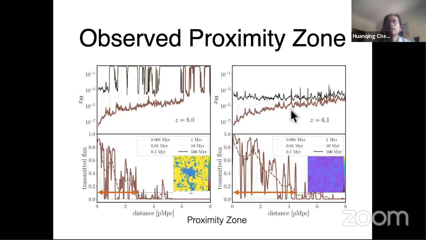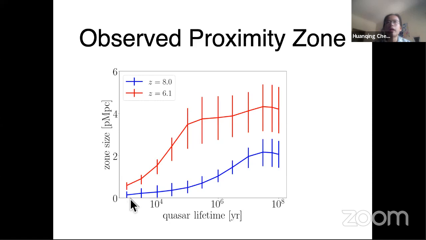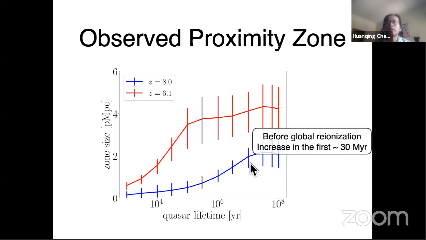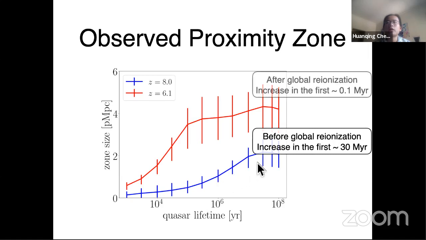So to summarize what I just showed, here I plot the proximity zone size as a function of quasar lifetime. Before reionization, at redshift like 8, the proximity zone grows steadily in the first 30 million years. But after global reionization, this proximity zone will only increase significantly in the first 0.1 million years.